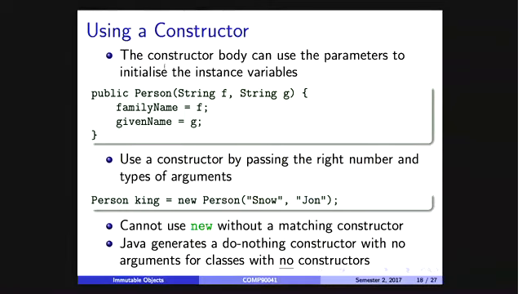Now, what is important is that when you say new and the class name, notice that the type of the variable you're initializing is always the same as the class of the constructor. So this is both the constructor and the class that's being constructed.